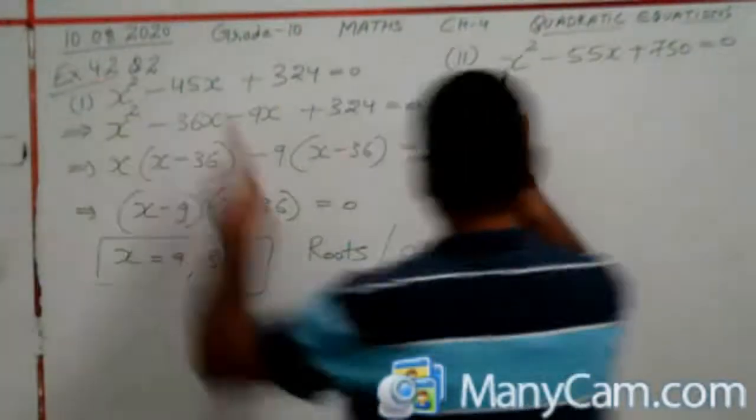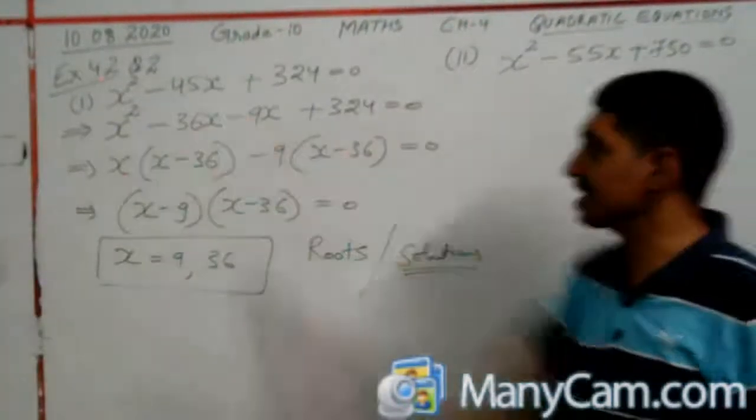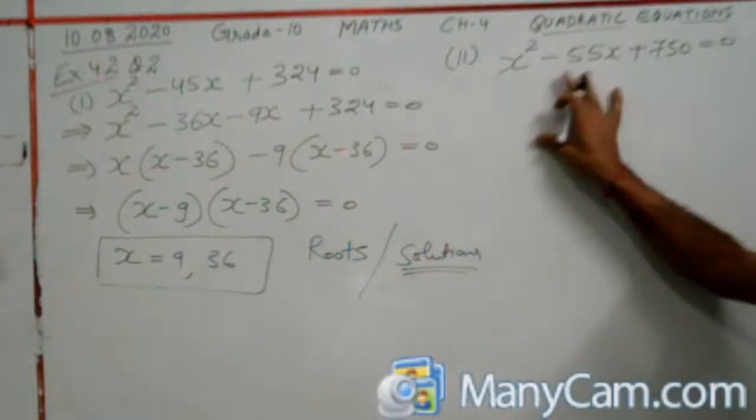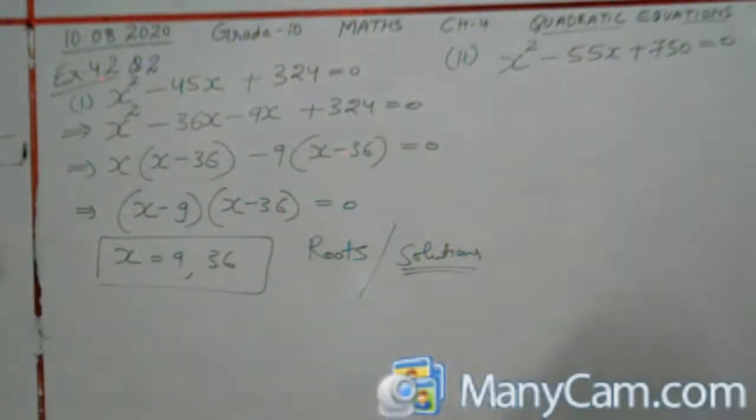First example 1, or in fact exercise 4.2 question number 2. Here a into c is 750.